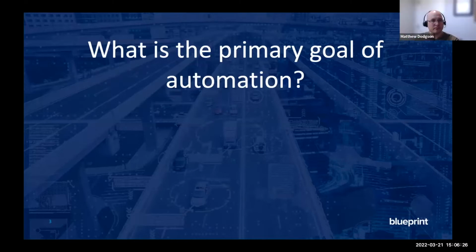So I'll even ask you this, Matt, what are some of the main things? This is a multiple choice, so I'll bring up the answers in a second, but from what you see with clients, what are some of the goals and reasons people are automating in the first place? A lot of it comes down to just trying to make the organization more efficient and more effective.